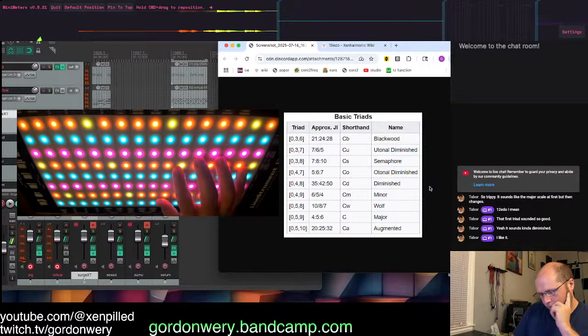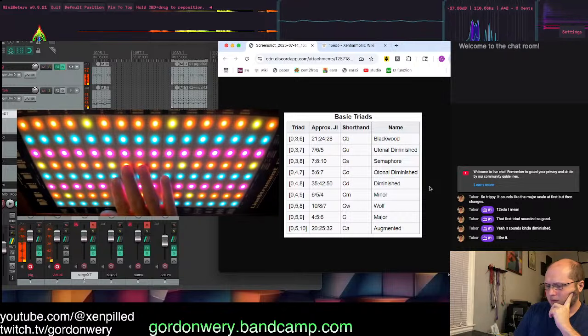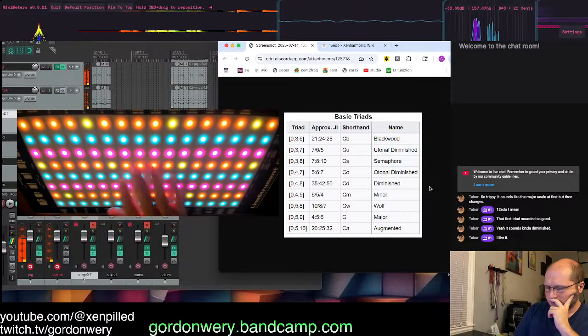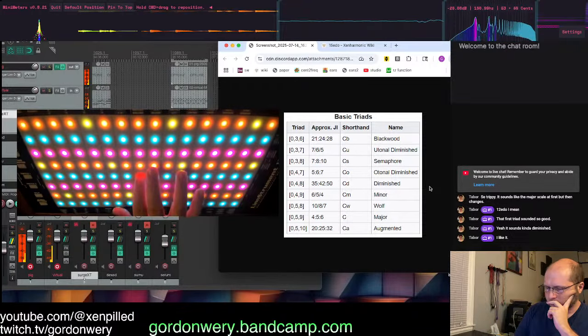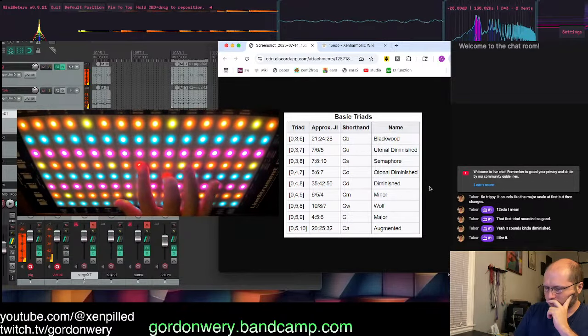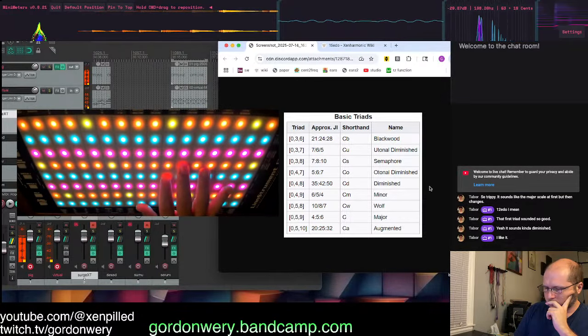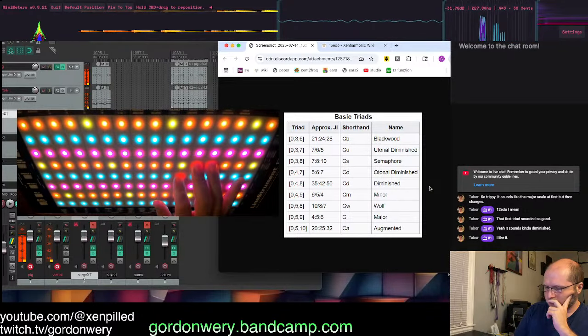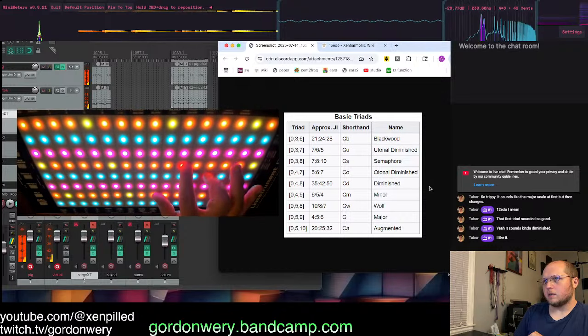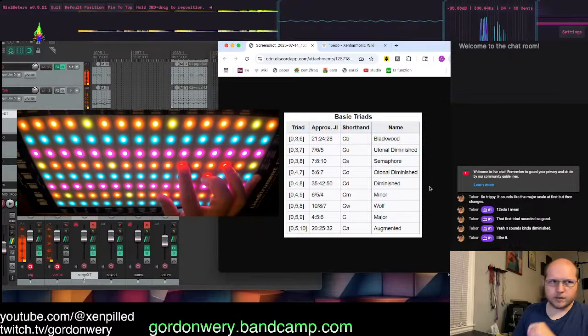So in nice tone in 22, you'd have major, semaphore, major, semaphore, minor, major, major, minor, O-tonal diminished, back to major.